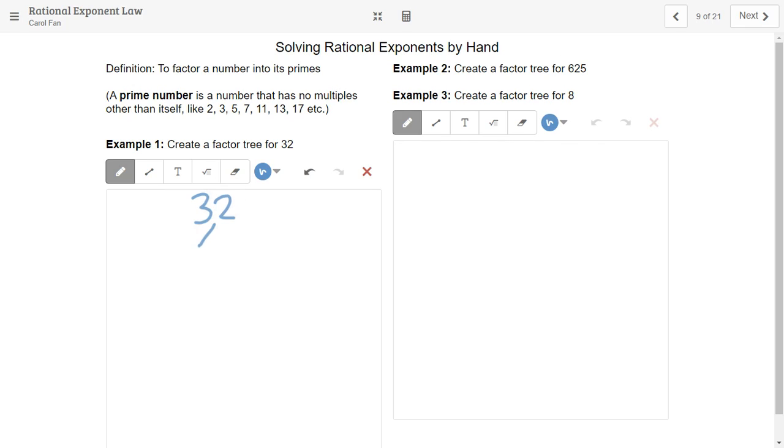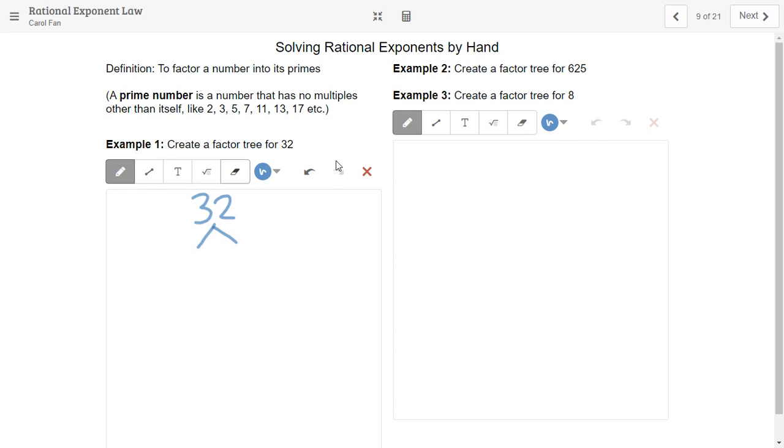When I say prime factors, I mean expressing it as a multiple where it's only multiplying by prime numbers. A prime number is a number that has no multiples other than itself, like 2, 3, 5, 7. I mean, look at 11. The only thing that multiplies to 11 is 1 times itself, 1 times 11. There's nothing else that will multiply to give you 11.